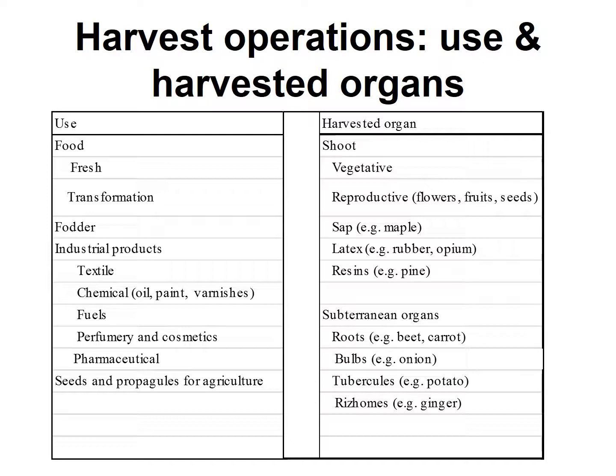If we collect subterranean organs, we might be harvesting roots like beet or carrot, bulbs like onion, tubers like potato, or rhizomes such as ginger.